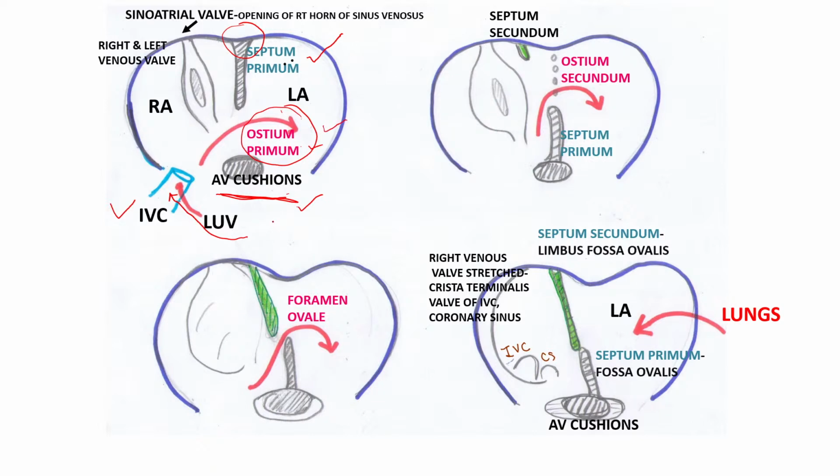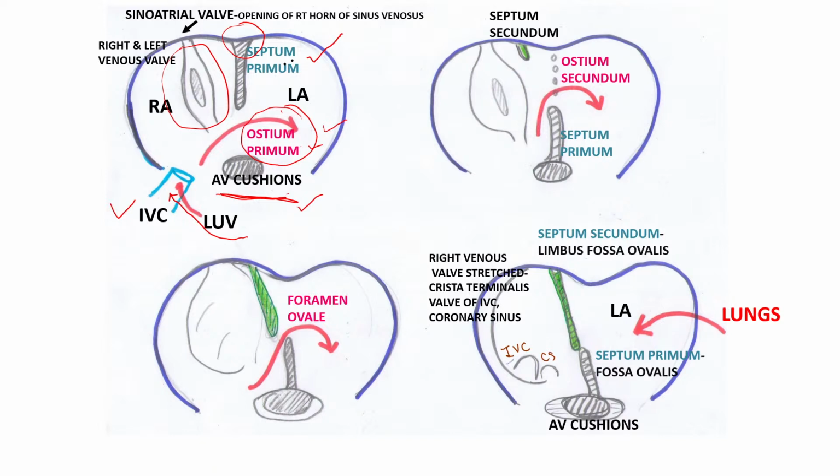This is because the placenta brings all the oxygenated blood, and the lungs are not functional in fetal life. So, we always need an opening between the right and the left atrium in fetal life. The other part shown is the opening of the right horn of the sinus venosus. So, first septum, septum primum; first opening, ostium primum.